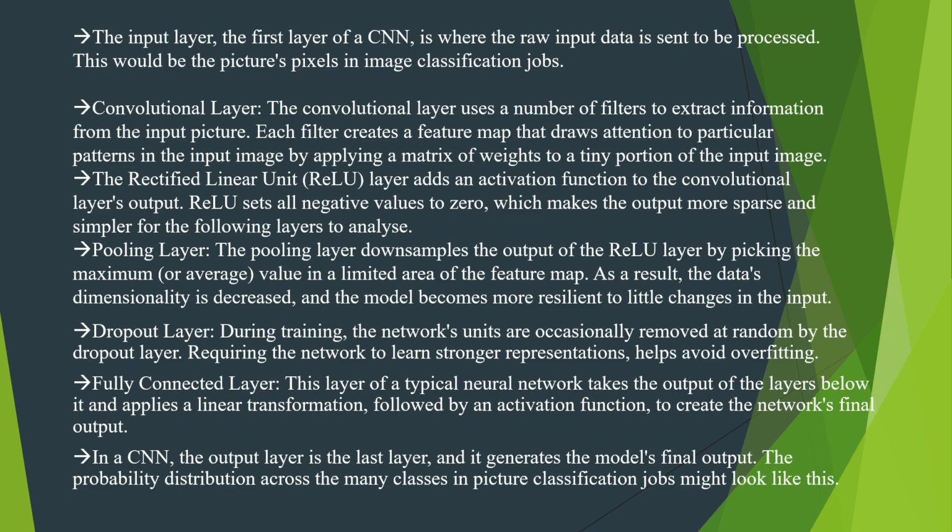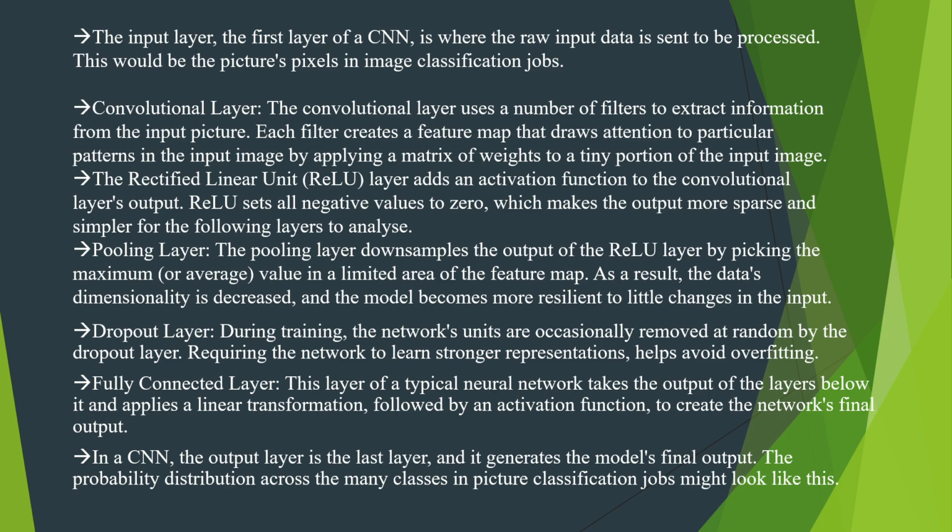The convolution layer uses a number of filters to extract information from input pictures. And next is the ReLU layer. ReLU is actually not a layer, it's an activation function used in convolutional neural networks, and ReLU sets all negative values to 0, which makes the output more sparse and simple for following layers to analyze.